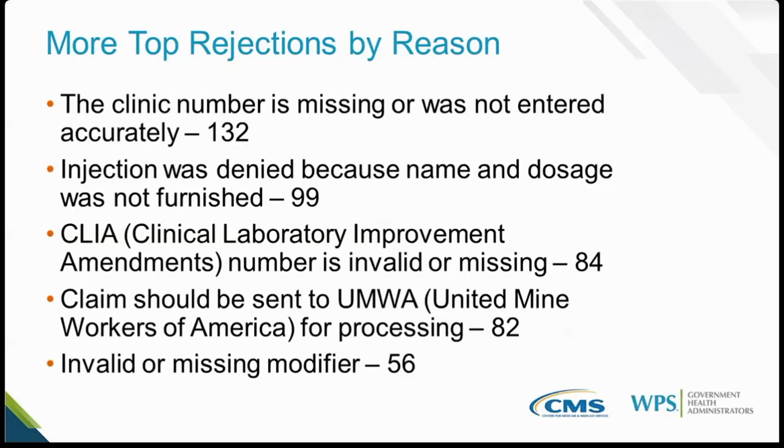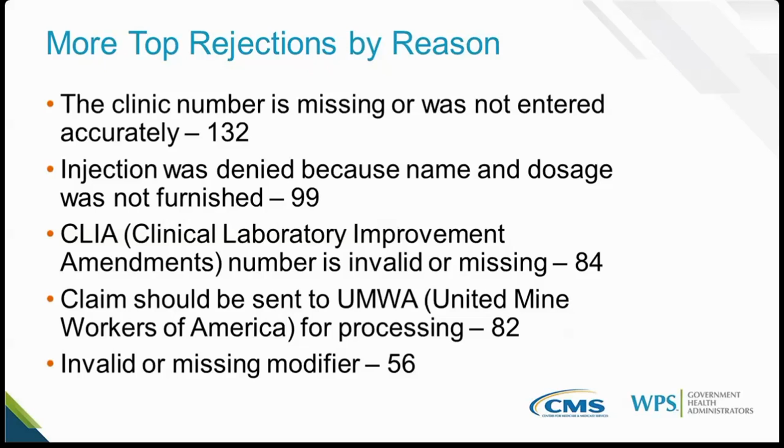Here are more top rejections by reason. The clinic number is missing or wasn't entered accurately. 132 rejections, 99 rejections. Remember, these are only specialty 83 claims. The injection was denied because the name and the dosage was not furnished. 84 rejections occurred because the CLIA number was invalid or missing. 82 were denied because the claim should have been sent to United Mine Workers of America for processing.